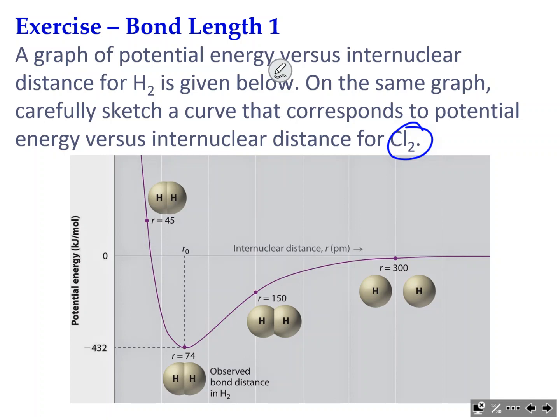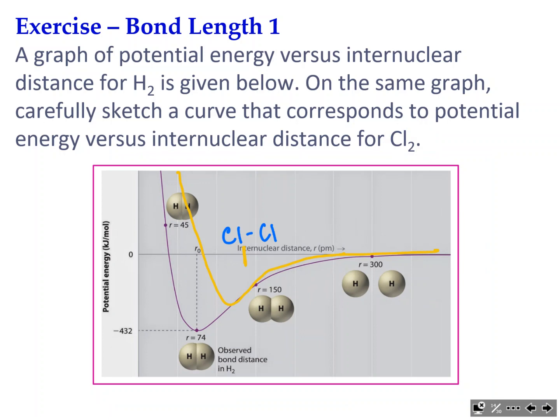So the chlorine atoms in terms of size are going to be larger, so therefore their bond length has to be larger. So you would move it over here to the right, do your curve. It's not going to dip as far. Okay, I mean, obviously, like so. And they have done these many times on the FRQs, especially for the last like 5 years or so.